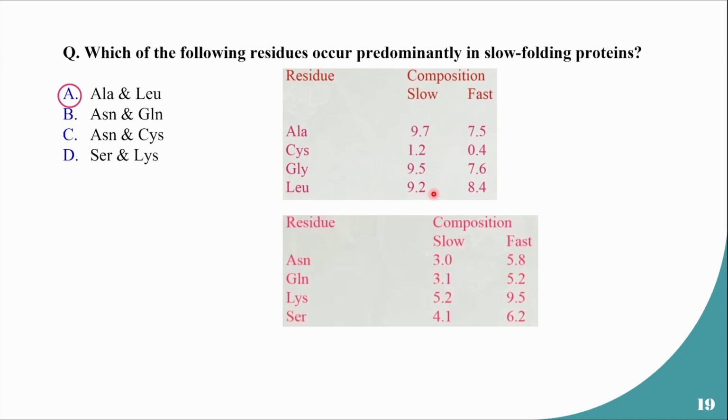Leucine is 8.4 to 9.2. Conversely, polar residues such as asparagine, glutamine, lysine, and serine have a preference in fast folding proteins, with definitely an increase in composition values compared to slow folding proteins.